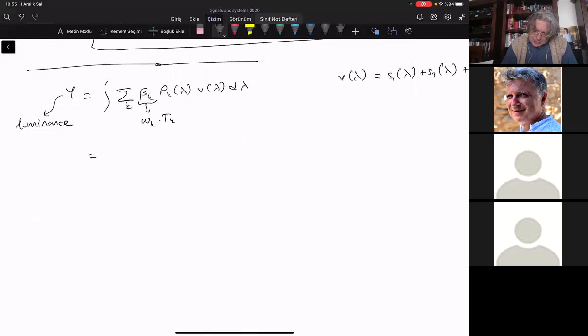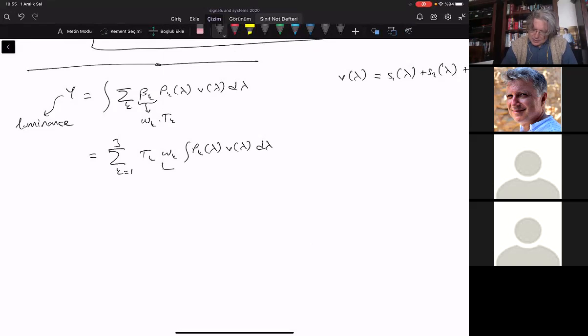So I will rewrite this by changing the order of summation. This is k from 1 to 3, of course. Let's not forget this. Times tk times white of k times the terms related with wavelength lambda, which is pk of lambda times V of lambda d lambda.